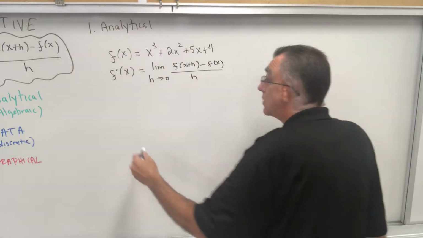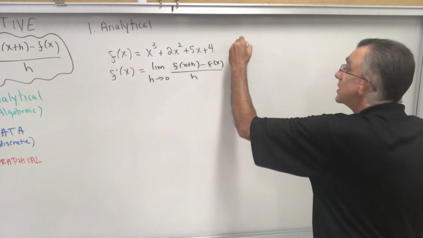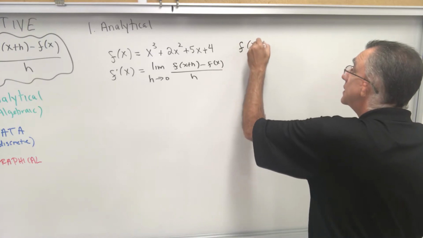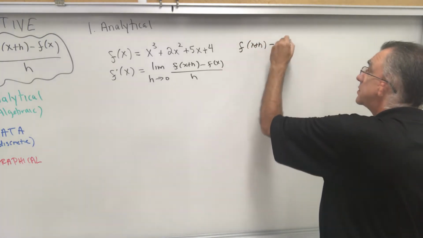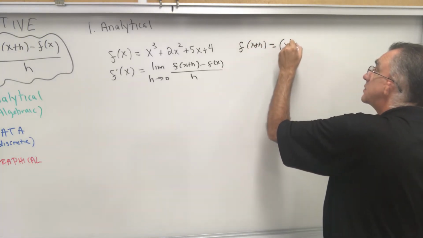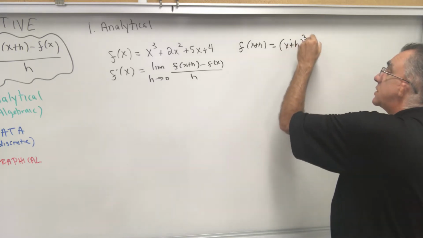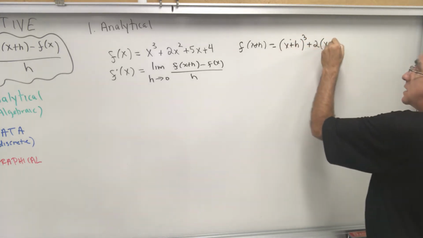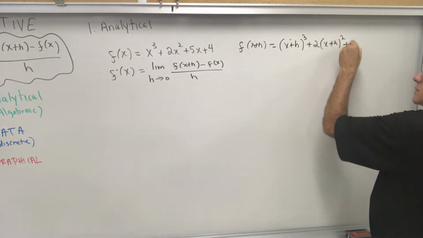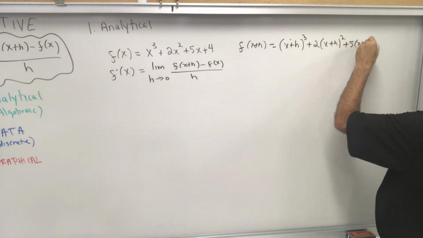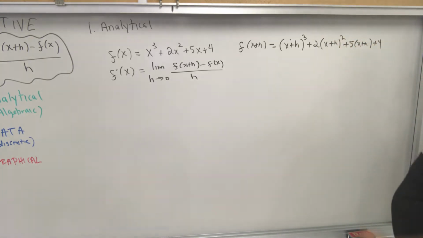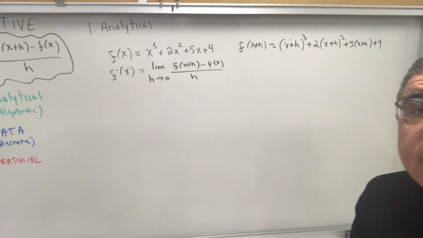It's kind of a pain, because what would f of x plus h be? f of x plus h would be x plus h cubed plus 2 times x plus h squared plus 5 times x plus h plus 4. Uh-oh, running out of room here.